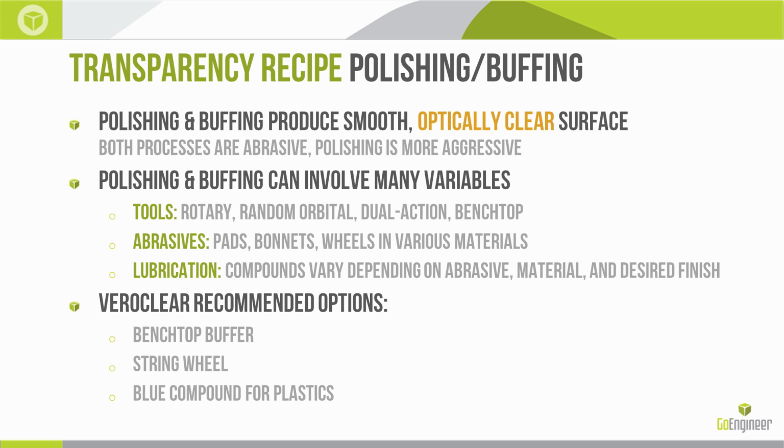And then you have to use a lubrication or a compound, and again, there's dozens of different types of compounds. I don't have a lot of experience polishing and buffing, just pretty limited, and mostly with plastics. But what I've found for the Vero Clear, in most cases, is that the benchtop buffer with a wheel is usually going to be the easiest to work with.